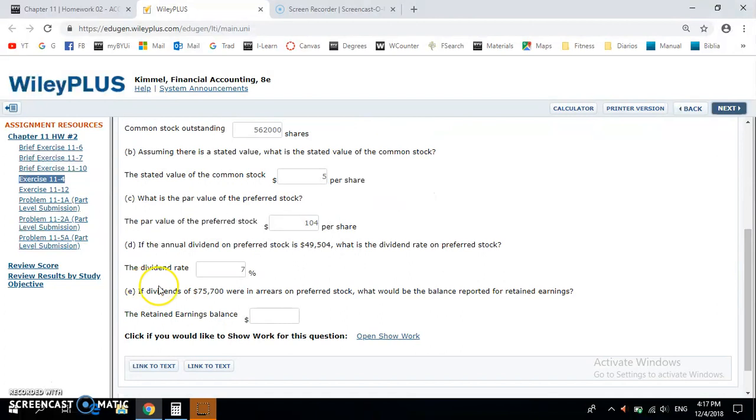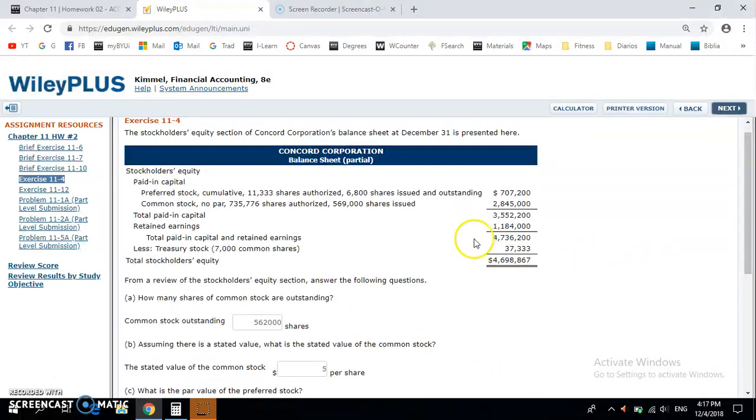Last question: if dividends of 75,700 were in arrears on preferred stock, what would be the balance reported for retained earnings? It would basically be the same balance, because when you have dividends in arrears, that's not a liability.